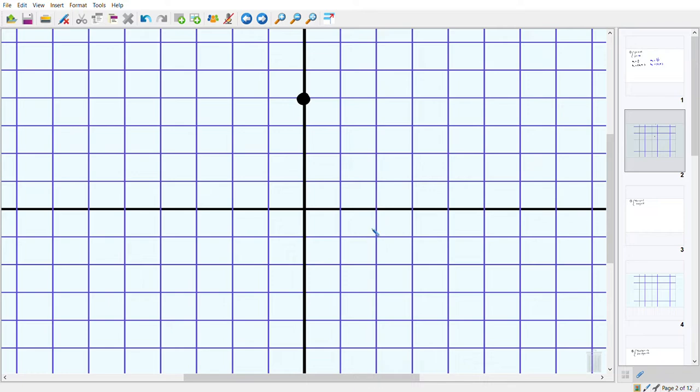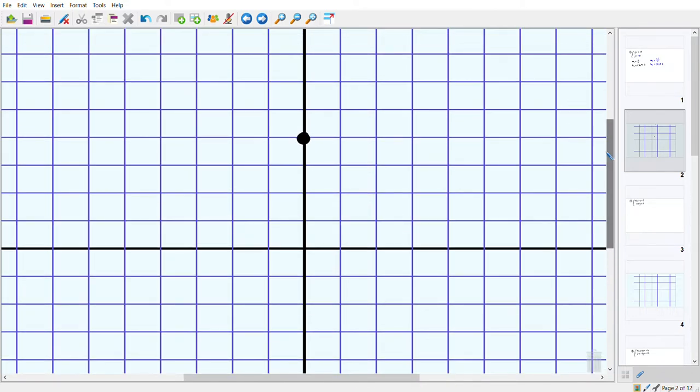According to my slope, it tells me up 1, right 1, up 1, right 1. You could also practice your backwards counting. As many points as you want to do. Remember, minimum is hopefully 3.